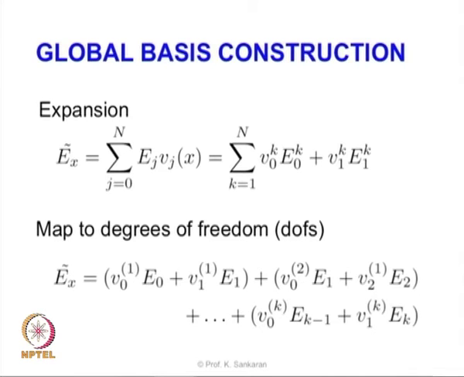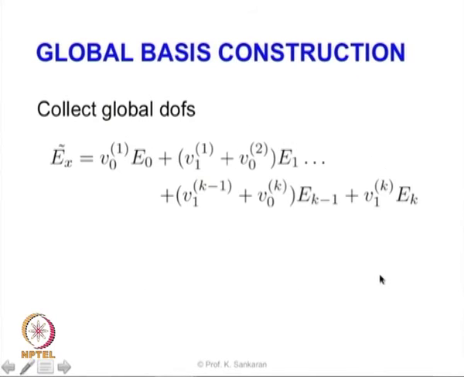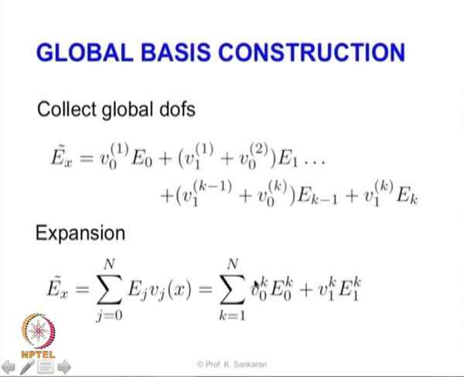So I can collect all the E0s in the equation, all E1s, all E2s, and then I can write them in this form. The reason for doing that is I can map the elements such that I can write them in a matrix form later on. This is the process which we showed before. You have all the elements plus the right hand side element, which is the boundary element.